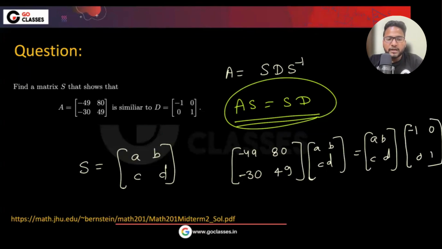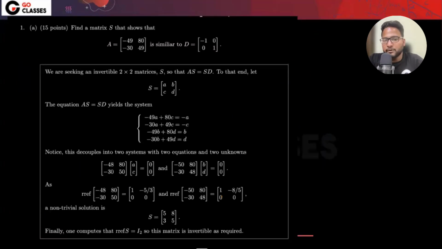So if you are thinking it will be a lengthy procedure, then yes, it will be. You will have multiple equations, let's suppose four equations, something like this, and then you need to solve them. For example, you can take these four equations.